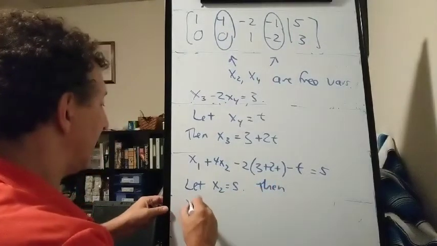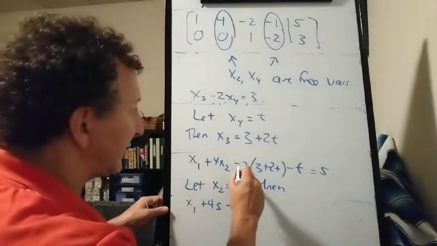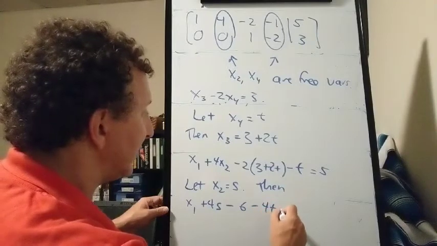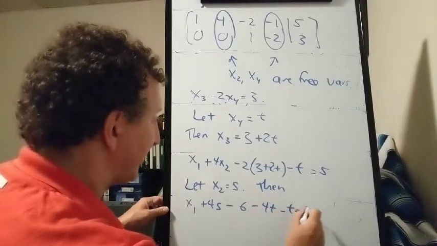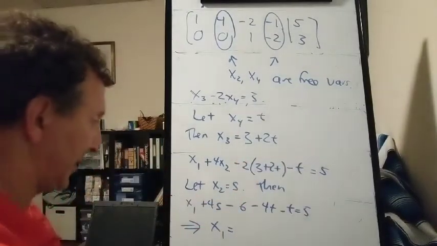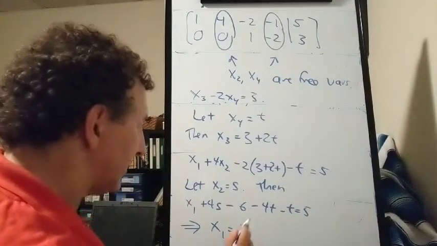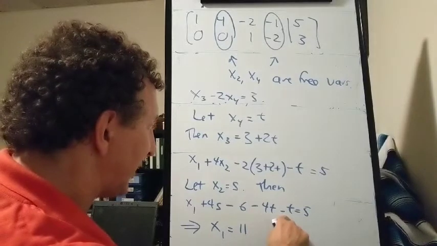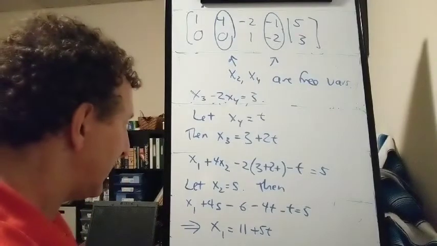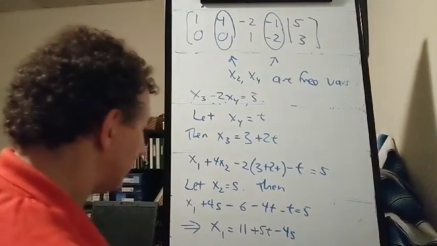Then x1 plus 4s minus 6 minus 4t minus t equals 5, which means that x1 equals, we'll put all of this on the other side, 5 plus 6, 11. We've got a minus 5t here, plus 5t, and then a plus 4s here, which becomes minus 4s.